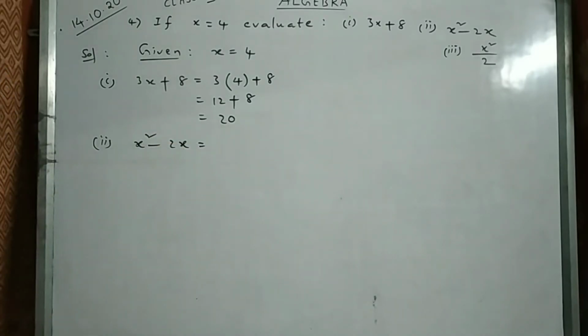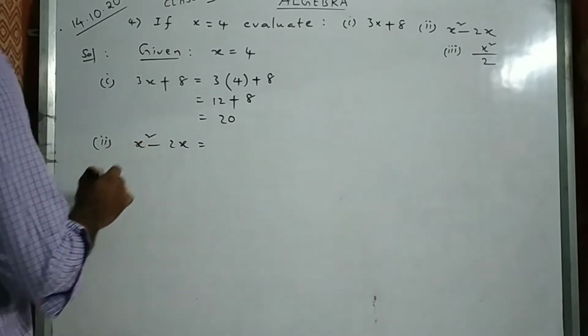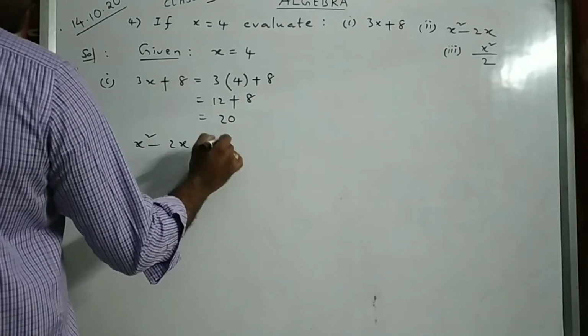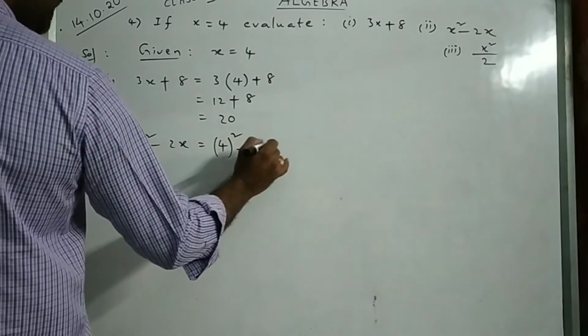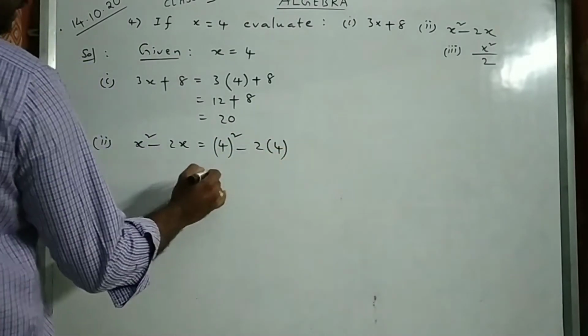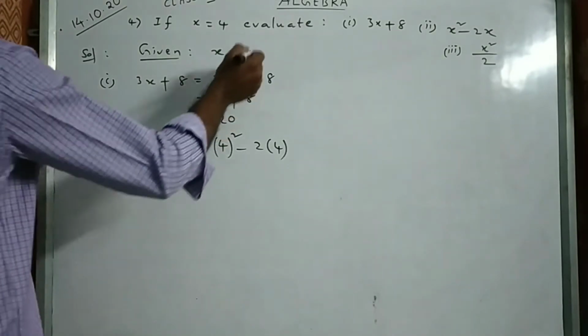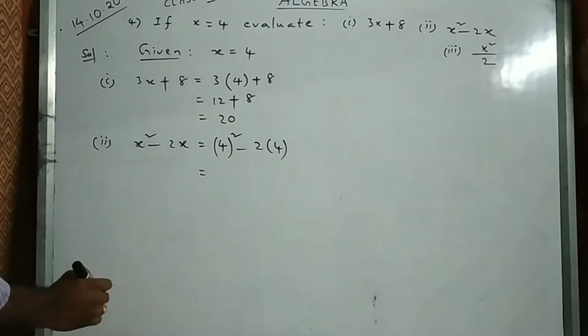So x square minus 2x. When I read, you must listen carefully. X square minus 2x. So in the place of x, what should you keep? 4. 4 square minus 2 into 4. We are substituting x value 4 in the given values.